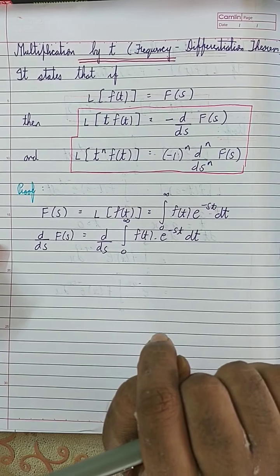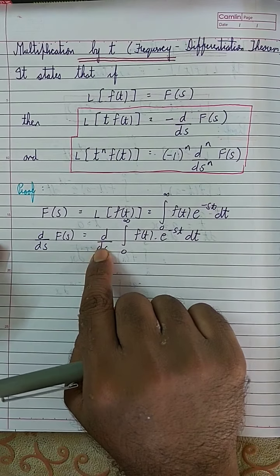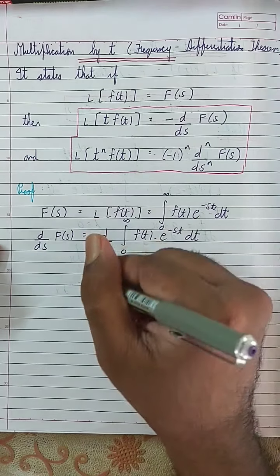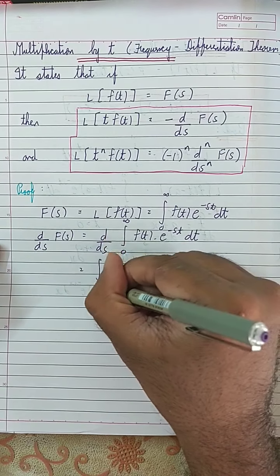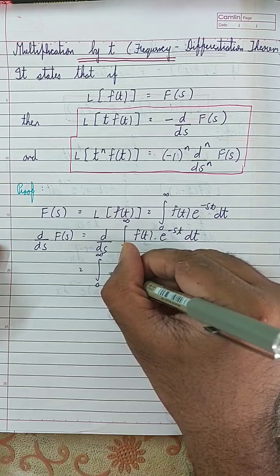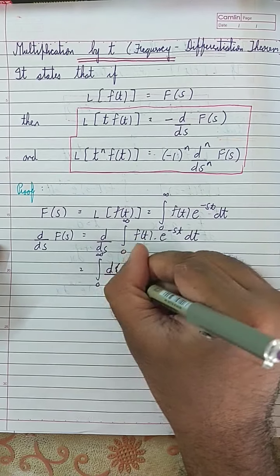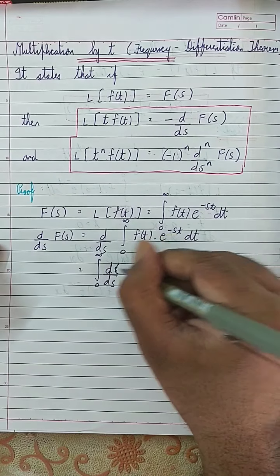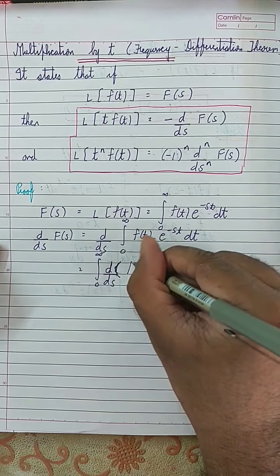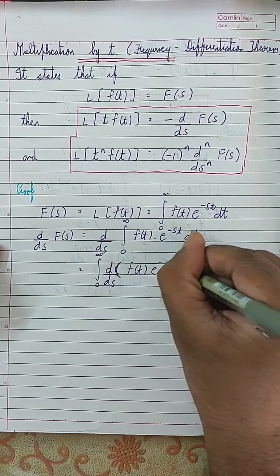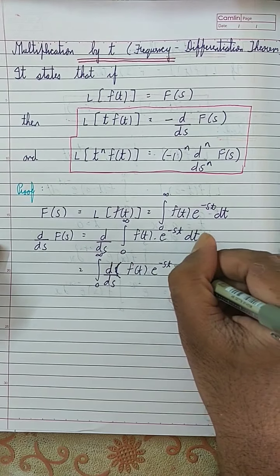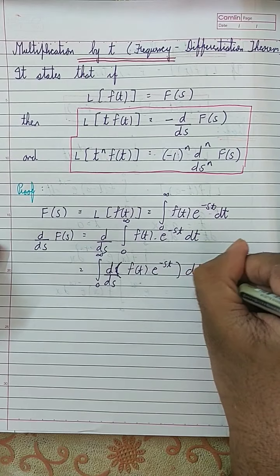So what I can do is put this thing inside the integral. So this will become the integral from 0 to infinity d by ds of f of t e raised to minus st dt.